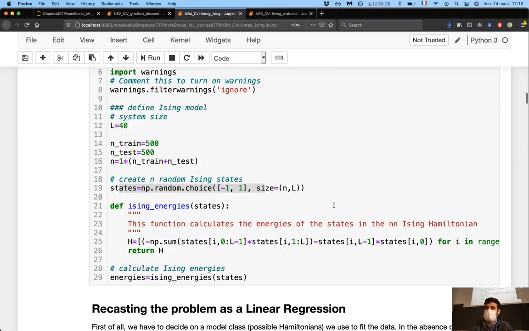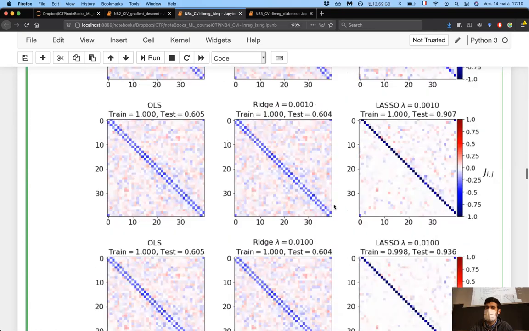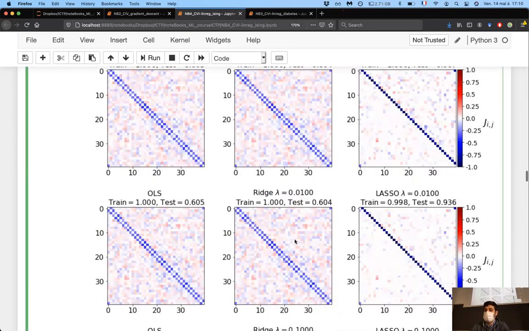But you see that here, Ridge is actually reconstructing a kind of correct model, in the sense that if you were reconstructing really the upper and lower diagonal, it would fit perfectly the training data, and you could predict the energies for the future, because it's the same energy function. But Lasso is breaking this symmetry and finding the correct model.